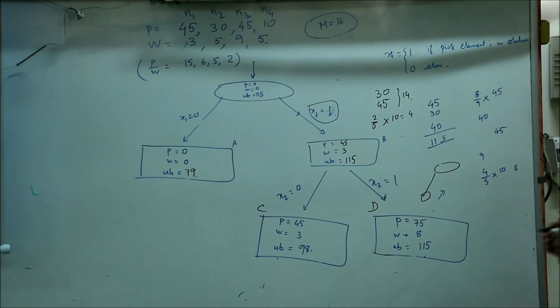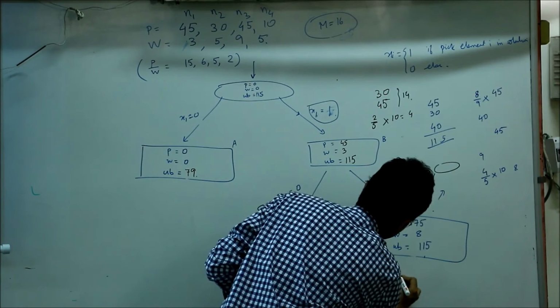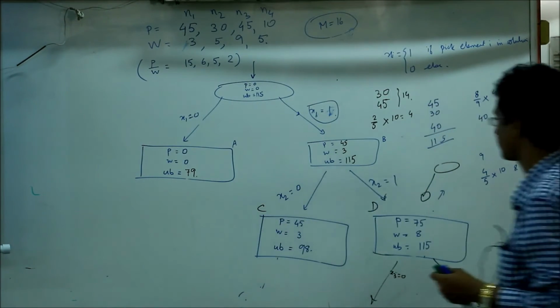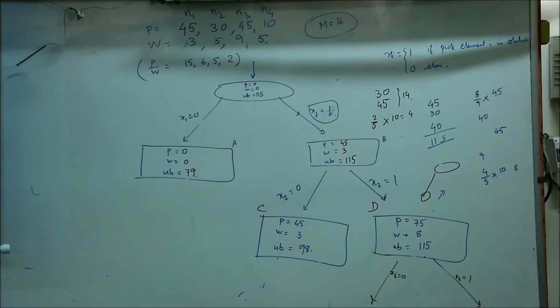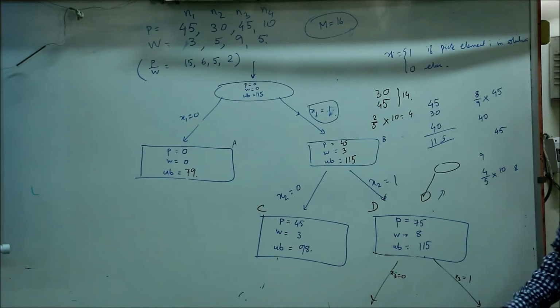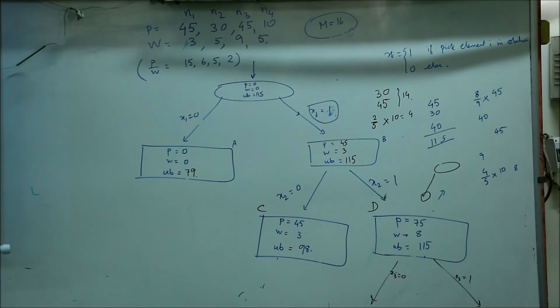And then again we do the same experiment here. So there are two options, x3 is equal to 0 and x3 is equal to 1. We will not explore C further because again that will not lead us to a better solution, at least currently. Let's see, we will factor it in then.